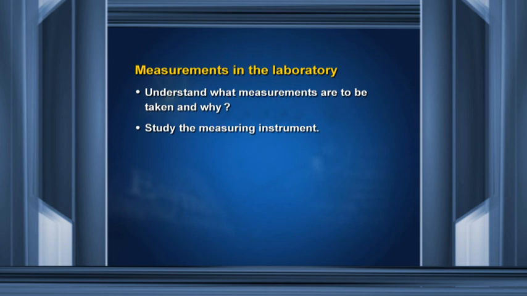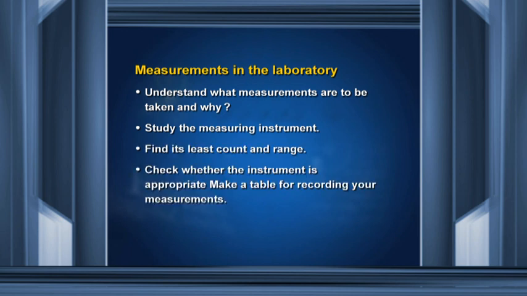Take care of the readings that you would take from it. Find the least count and range. Check whether the instrument is appropriate. It means that if you are taking a measurement of say 60 centimeters length and using your scale from the geometry box, that is not adequate because it will not give you a precise measurement.